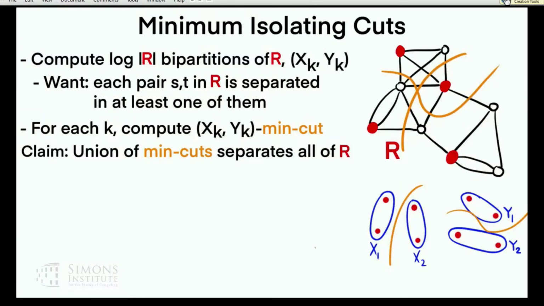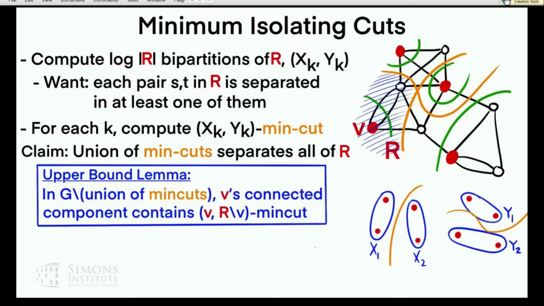And this is simply because for any 2 vertices in the graph, there exists some bipartition that separates these 2, and the corresponding min cut will separate those 2 vertices. And since we take a union of all the min cuts, this will indeed separate all the vertices.